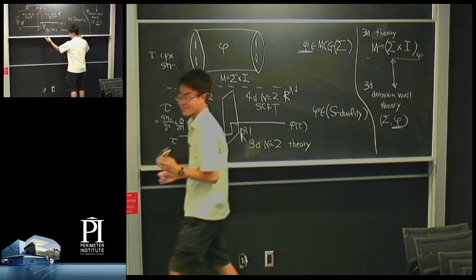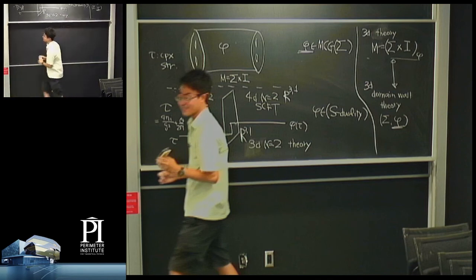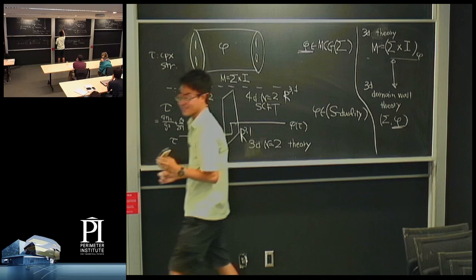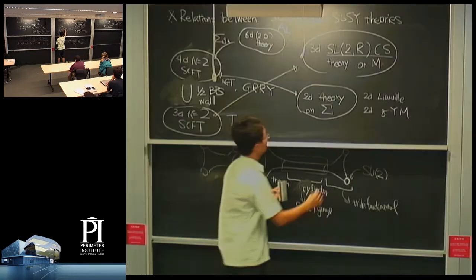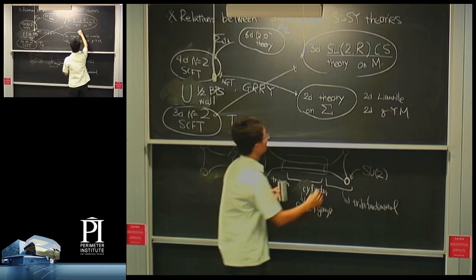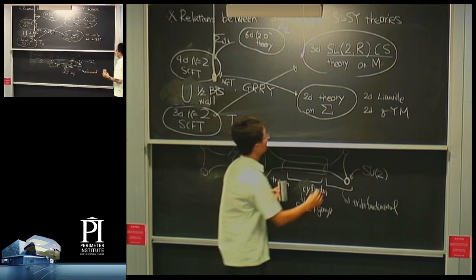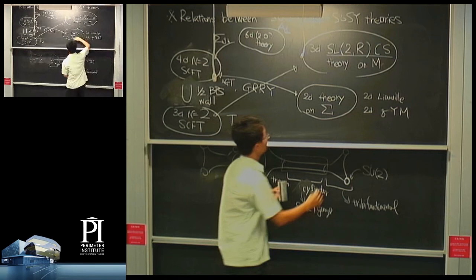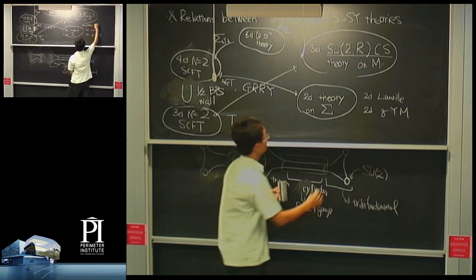So the question is, why is this? Probably I need to add here that this 3D theory is defined as the domain wall theory. And then another question is what the relation here is. The answer is that this 2D theory is the boundary theory of this Chern-Simons theory.